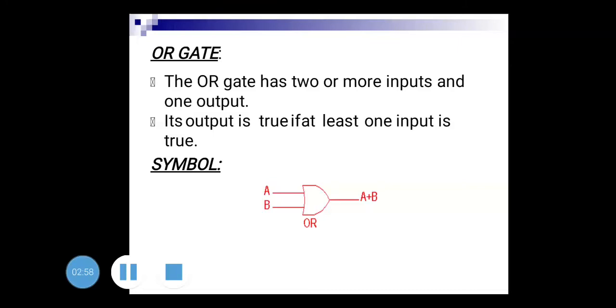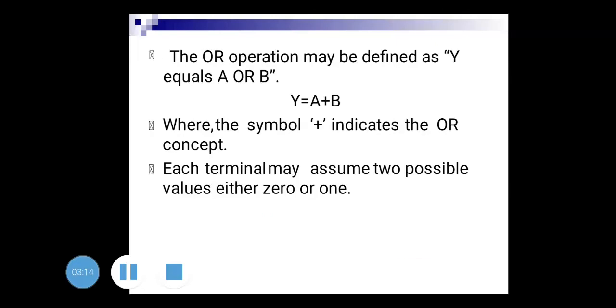Now any digital circuit output can be represented by a truth table or a mathematical expression, as shown in the next slide. Check here, the output of the OR gate is represented by Y, which is shown in the symbol, and the inputs are represented by A and B. So the equation written here is Y is equal to A plus B. Here the plus sign indicates the OR gate.